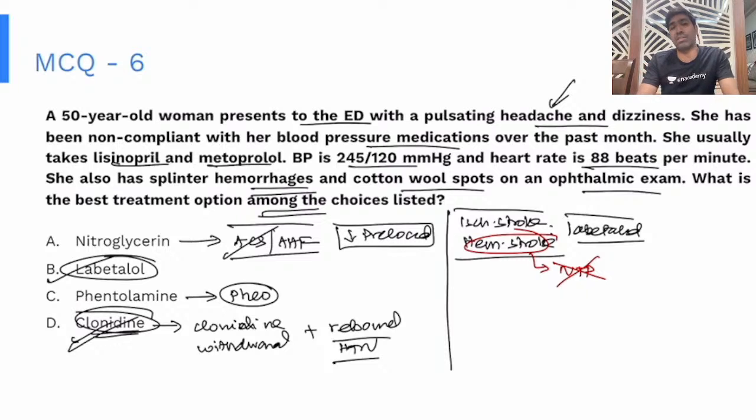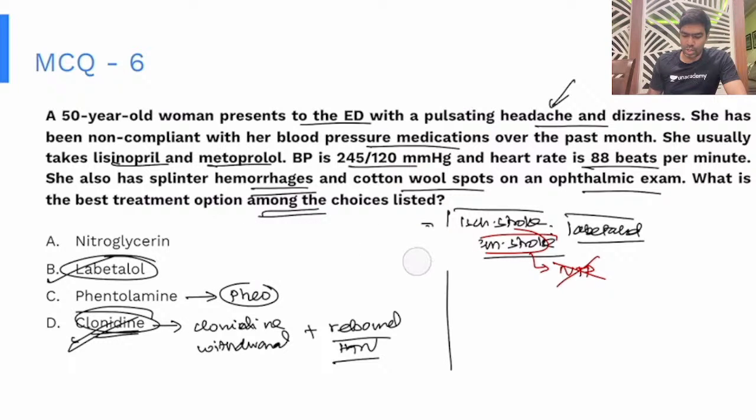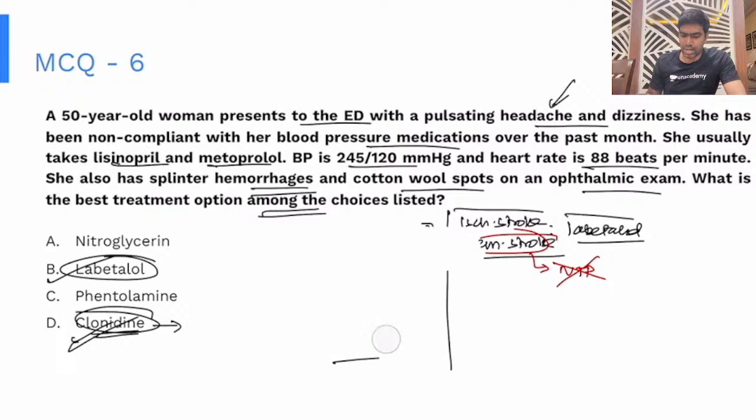Where it was stuck, can you let me know, so that we can start from that area? Nicardipine. Okay, fine. I think this is where it got stuck. So I'll redo all of this, because you'll not be understanding anything then.